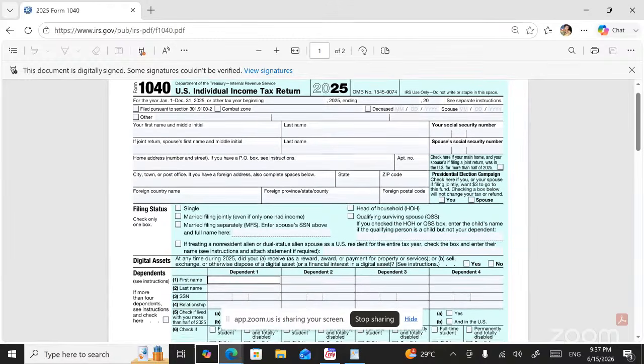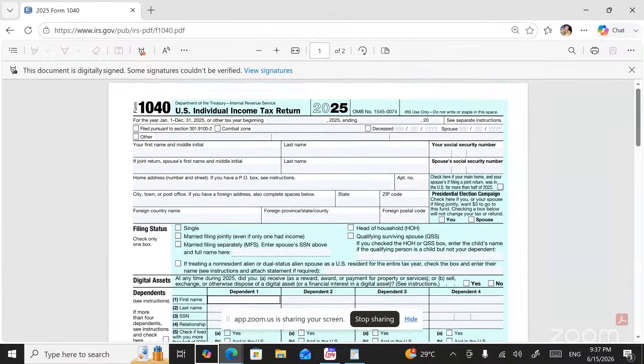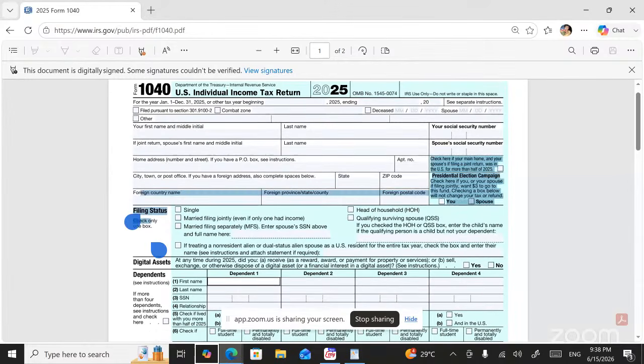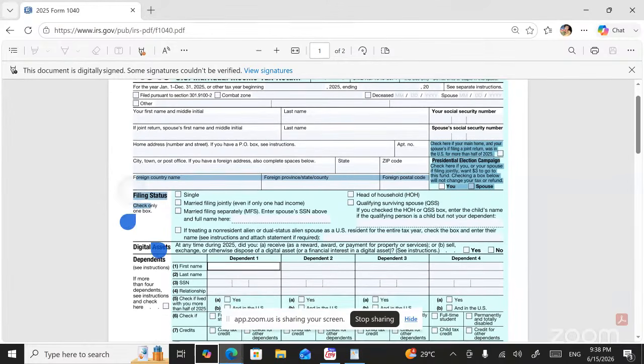Yesterday we already discussed how to fill the biographical information of the taxpayer. Here we need to fill the social security number of the taxpayer and spouse. Those details will be covered in detail in subsequent topics. I am just introducing terminology here. Now coming to filing status.